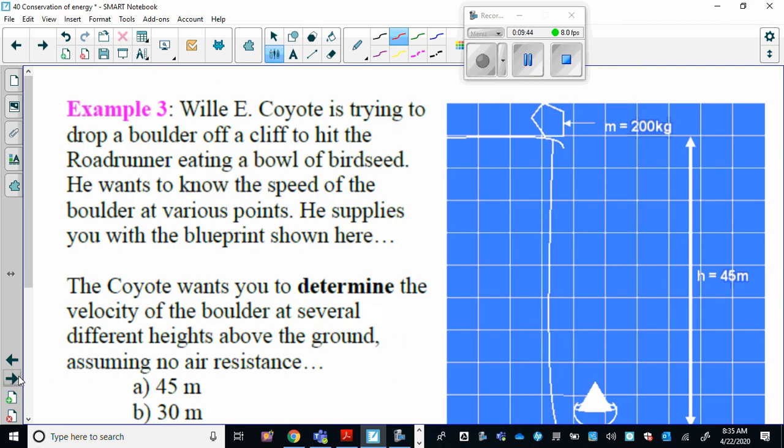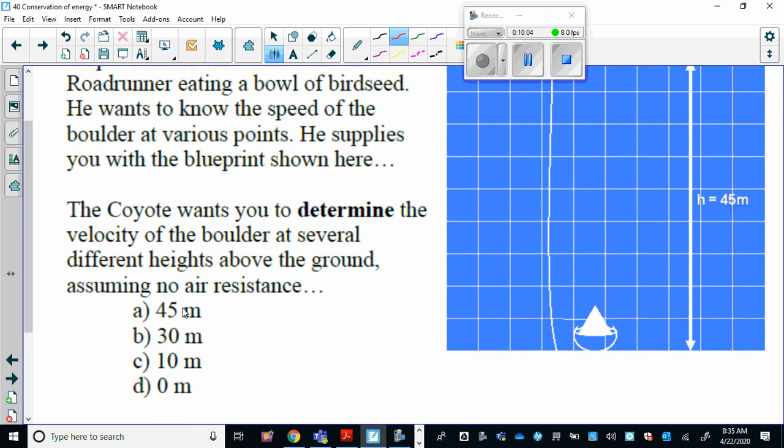All right, onward. Example number 3 is the classic Wile E. Coyote problem. And it's similar to the problem we've just done, except this time we're going to calculate the velocity at the top. Oh no, not at the top. Yes, at the top.